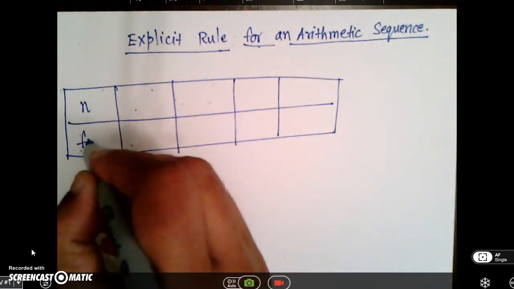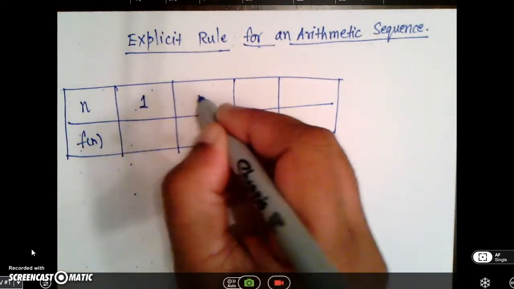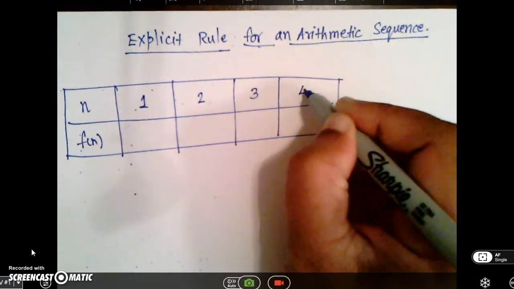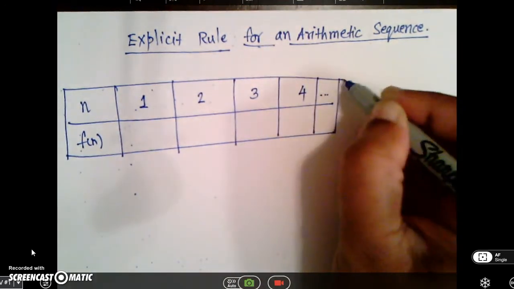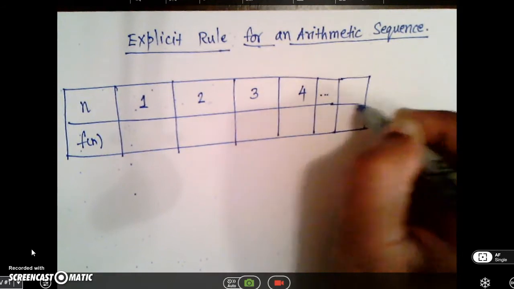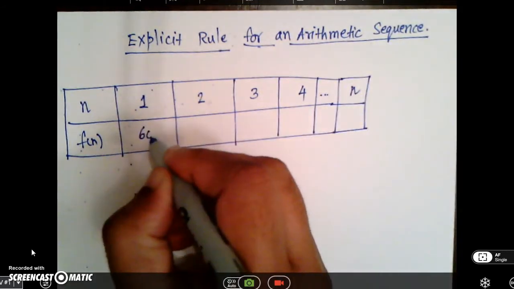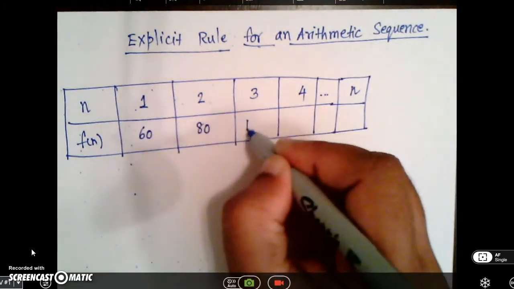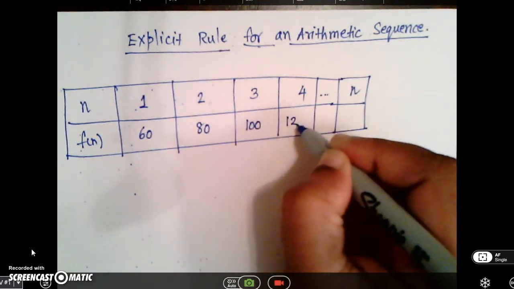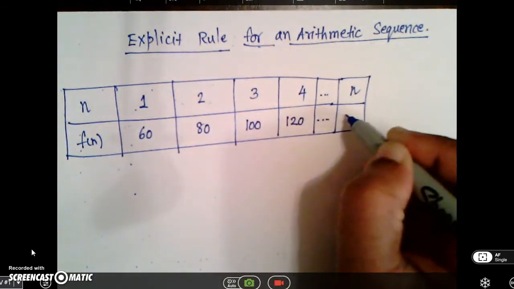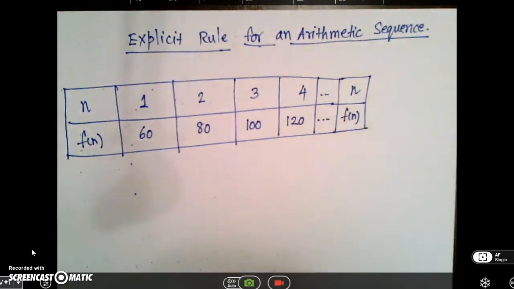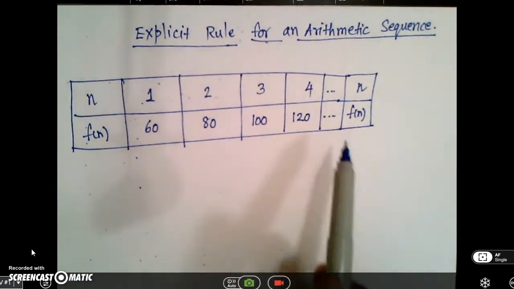Say I have my arithmetic sequence, n and f of n: 1, 2, 3, 4, and it goes on. It is 60, 80, 100, 120. I don't know what the last number is until I know what the n is.